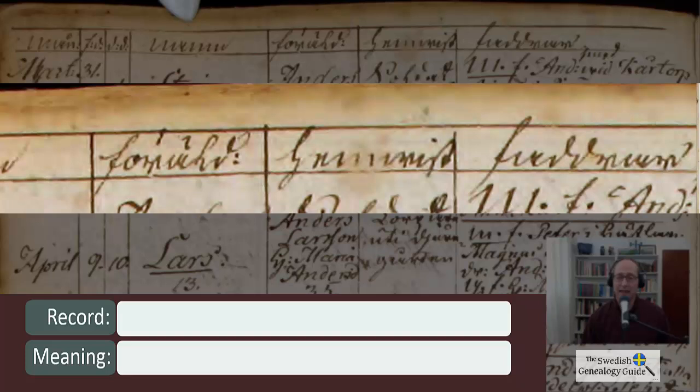The next column is H, E, M, W, I, S, T. The word is hemvist, referring to the place of residence. And then the next column is F, A, and he did not close the A at the top, D, D, R, A, R, which is fadrar, which means godparents.